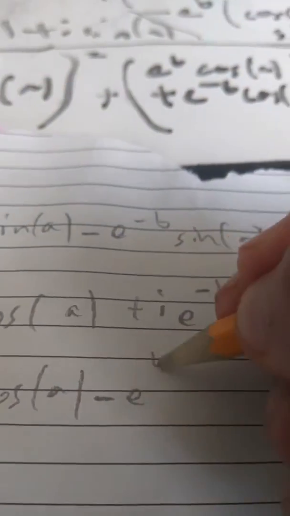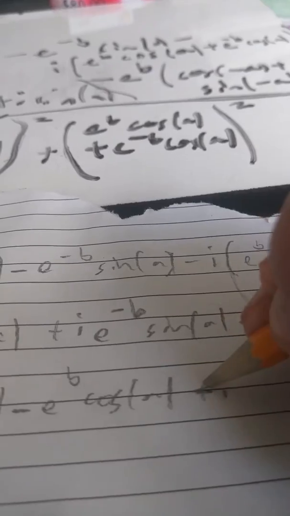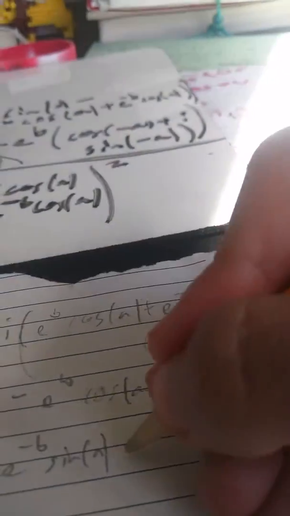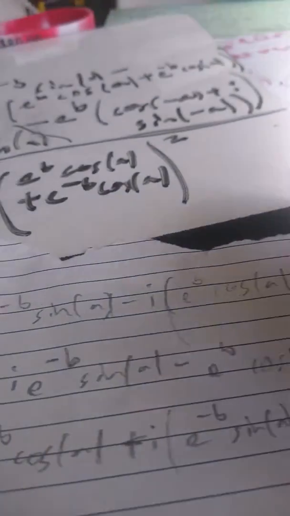Now, we can do the multiplication. Oh, hold on. e to the negative b, this can be simplified. Cosine of a minus e to the b cosine of a plus i times e to the negative b sine of a plus e to the b sine a.